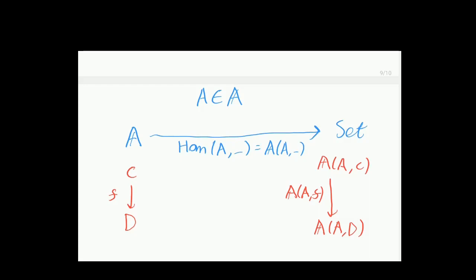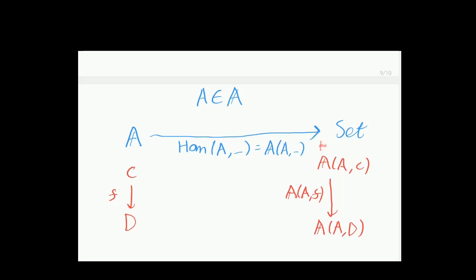This is a function from the set of arrows from A to C, which incidentally we could write as hom A comma C in the old notation, but I won't be using that notation today.